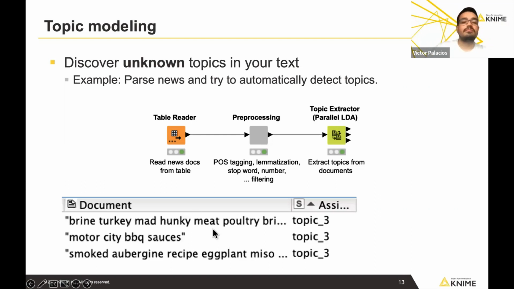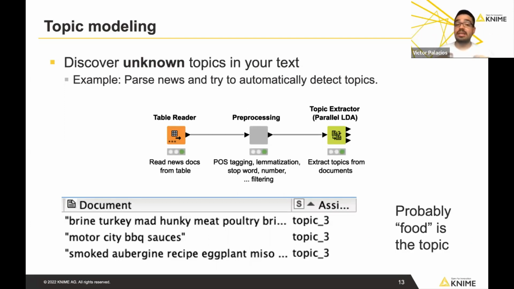For instance, here, I'm seeing that I have 3 different, let's say, PDFs. And in the PDFs, they have some topic sentences, something about meat, okay? Something about barbecue sauce, okay? And something about eggplants. So this has been assigned as topic 3 because it typically deals with food. So I can say, as the human in the loop, that this topic is probably about food. And so I can discover these unknown topics within my text using this workflow.